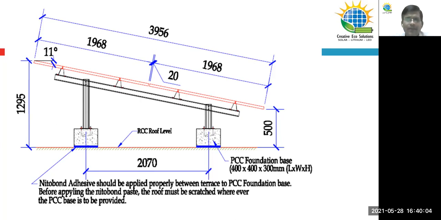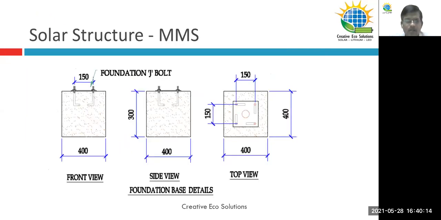So typically we call this a double row structure, where we have one row of panels at the bottom and one row on the top. It's very important to have a proper civil foundation or a PCC.